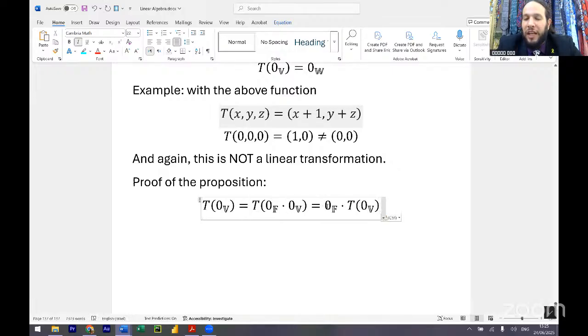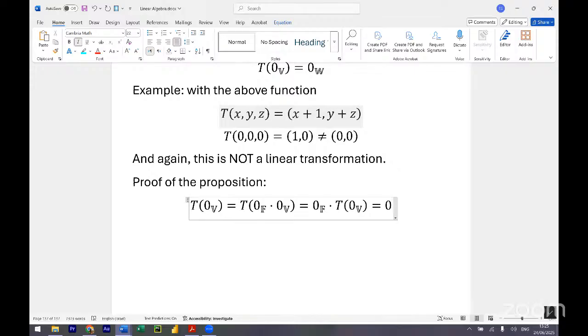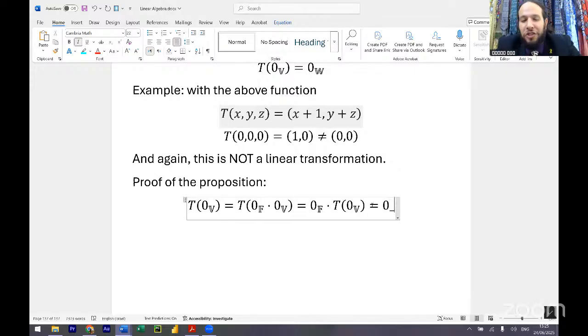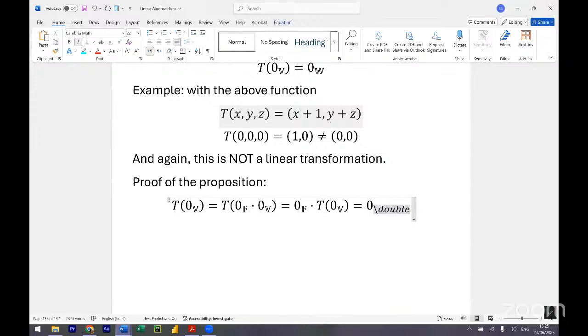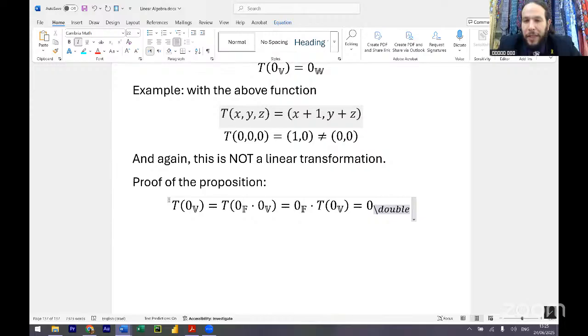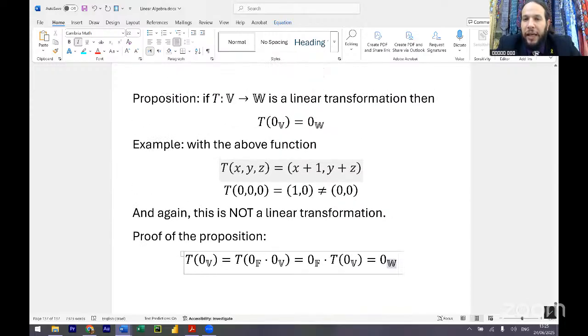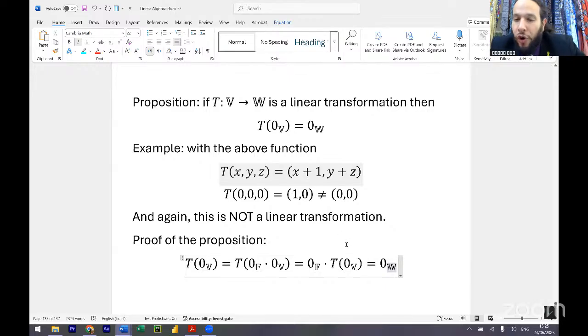And what is the 0 scalar times any vector? The 0 vector, right? But of which vector space? R2? But in general, I mean W. And why are we sure? Because that happens in W. After we applied T, we are within the range of the function, not the domain, right?